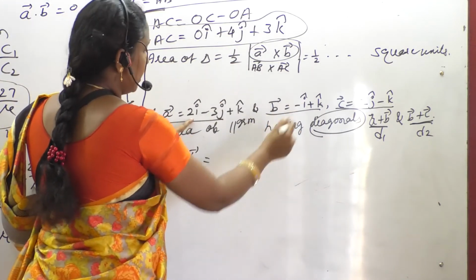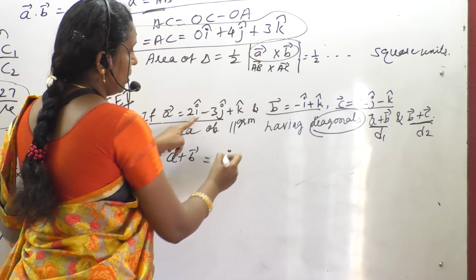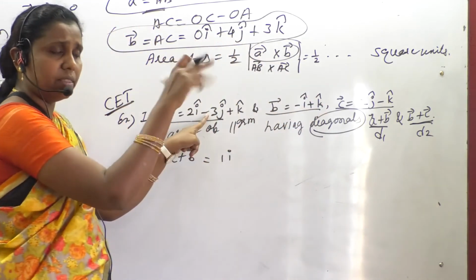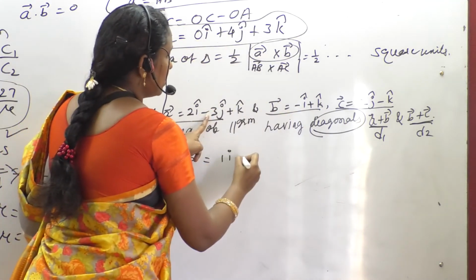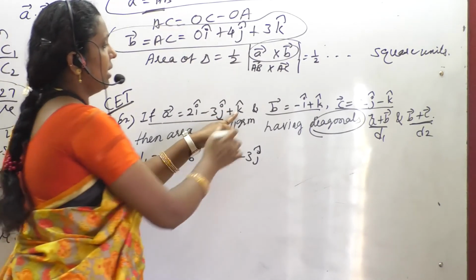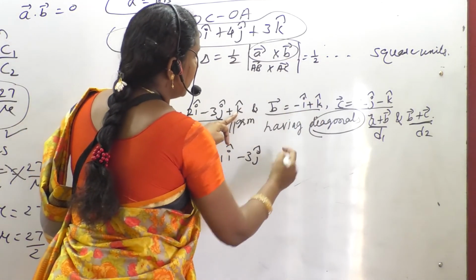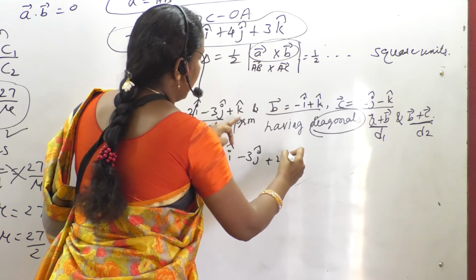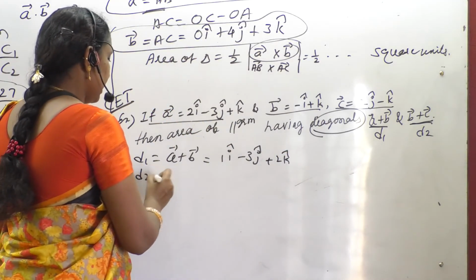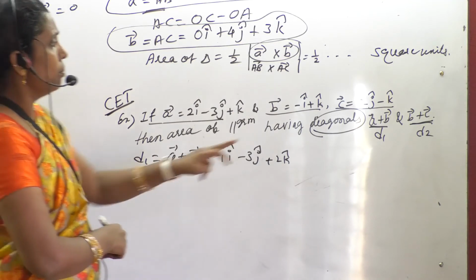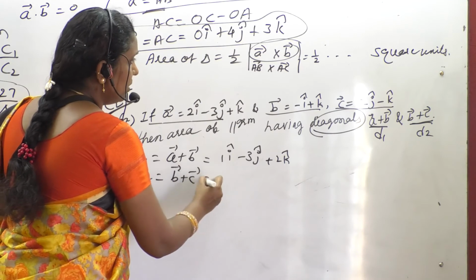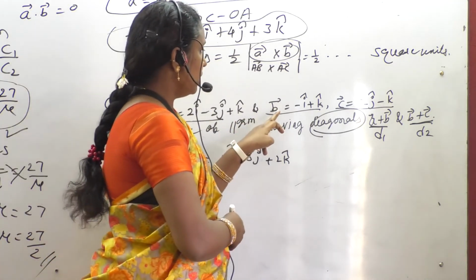I, 2 minus 1, is it 1i? Minus 3j, there is no j component, that is 0. Minus 3 plus 0 is minus 3j. Am I right? Next, plus k. 1k plus 1k is equal to 2k because adding is required there. Next, D2. D2 means B plus C. The vectors B and C are given, nothing to worry.